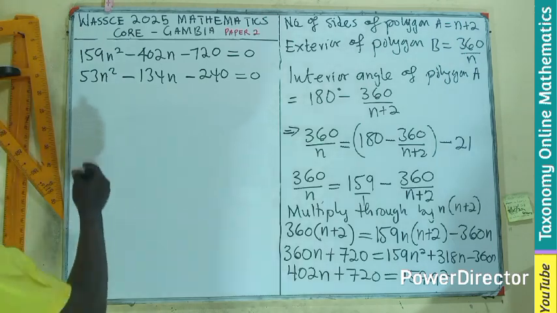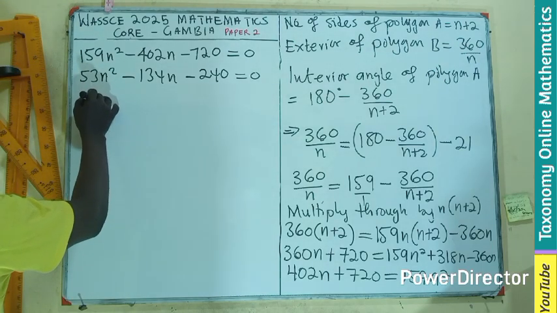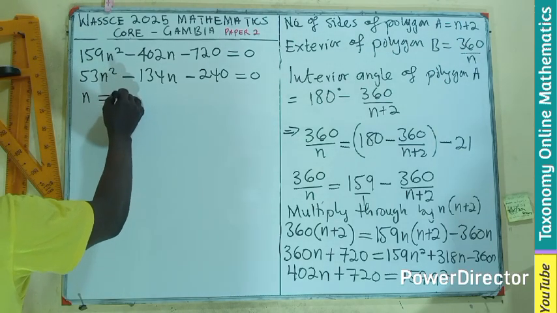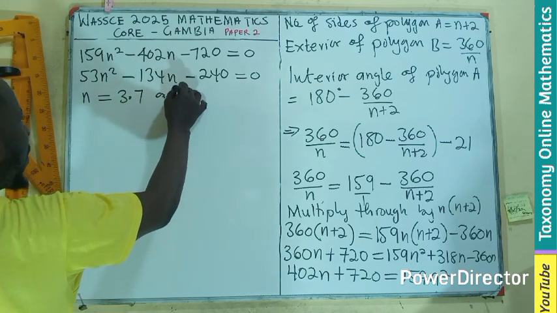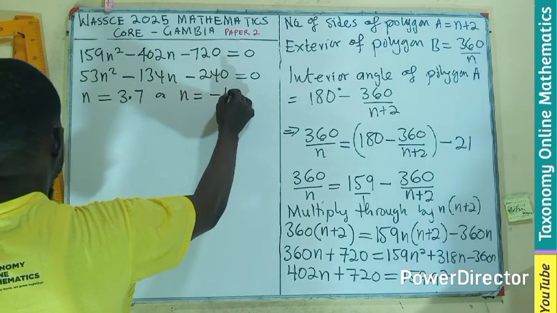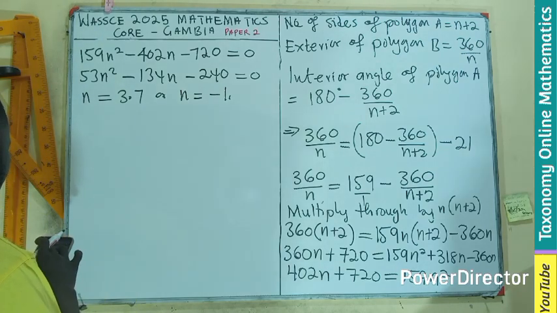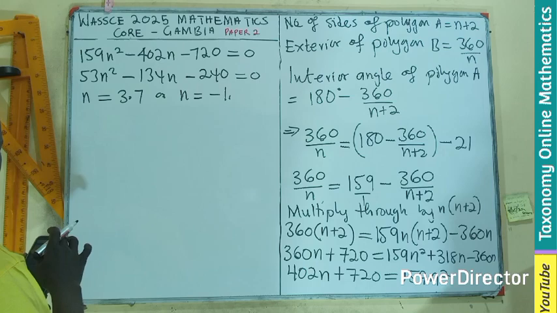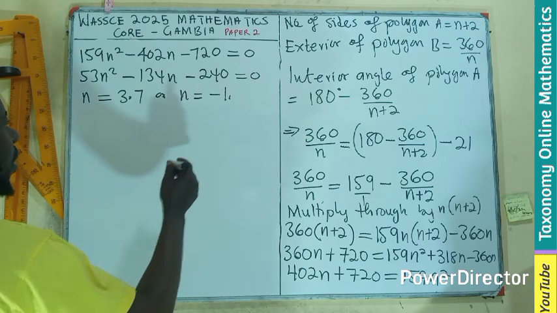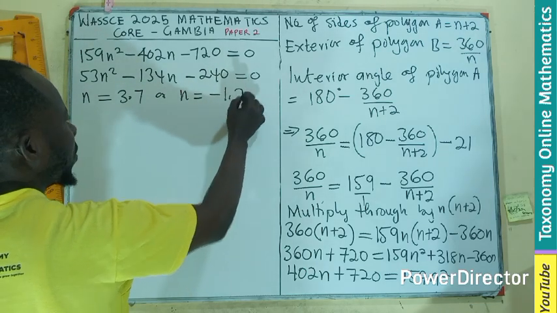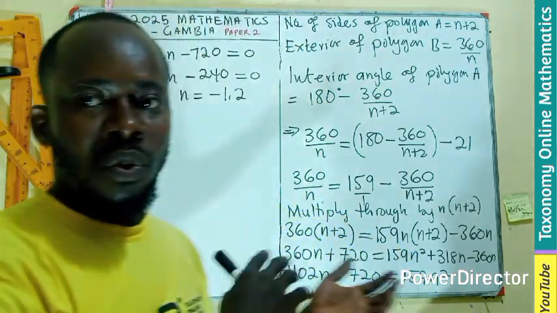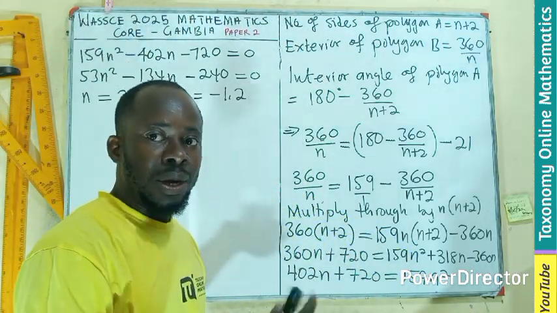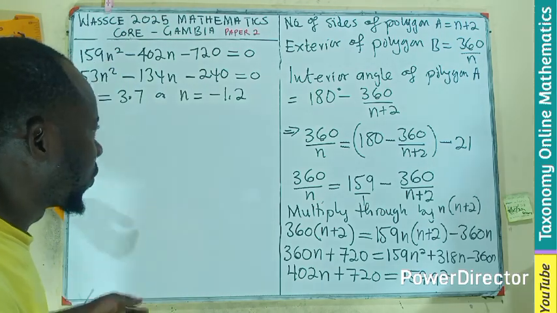So we have n equals to 3.7 or n equals to negative 1 point, let me go back and see, that will be 1.2, right? All right, so these are the values we can have for n using the quadratic formula, or better still, the completing the square approach.